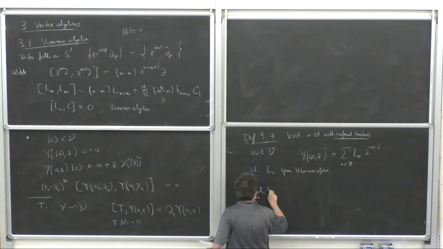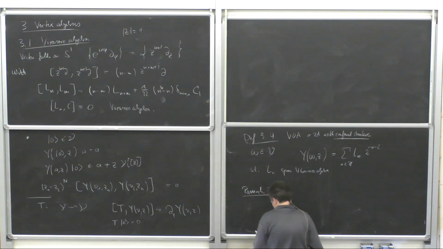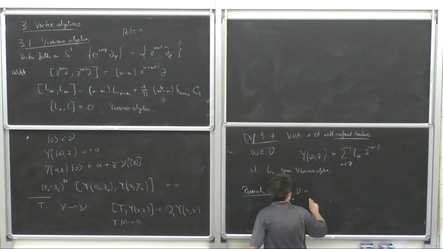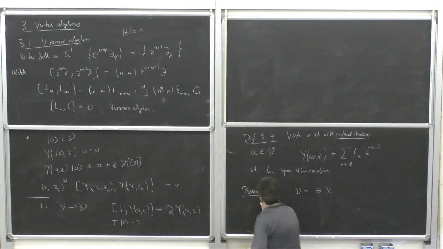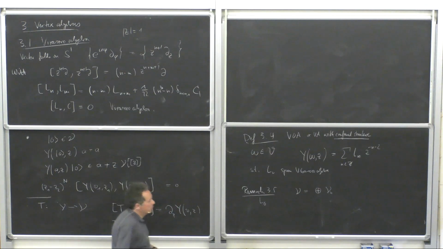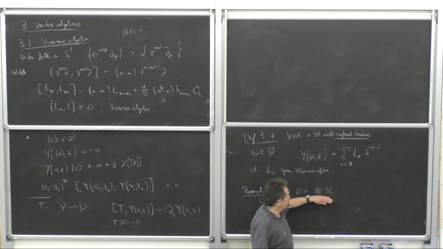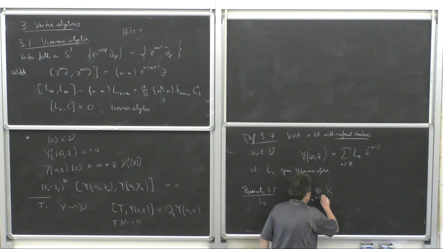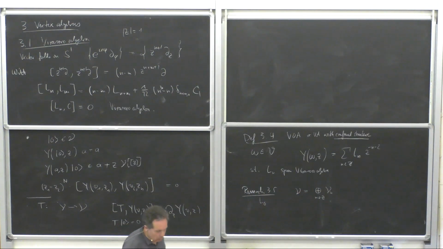Now we can come to the grading. You can take L_0, the zero mode of the Virasoro algebra, and the zero mode will lead to a direct sum decomposition of the vertex algebra, and in fact it is an eigenspace decomposition.